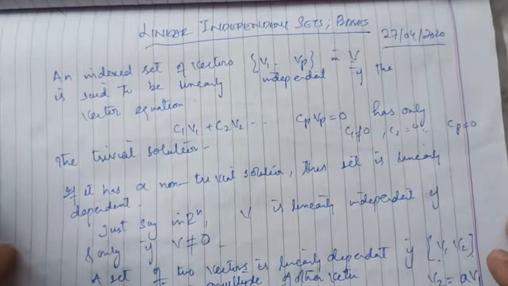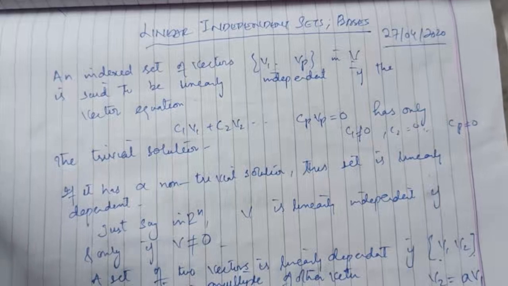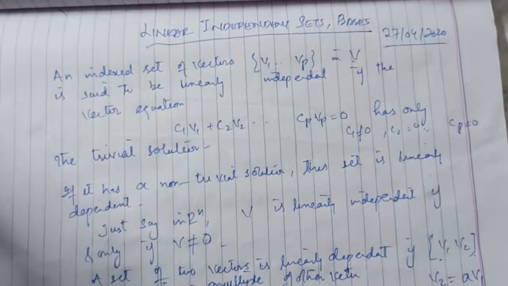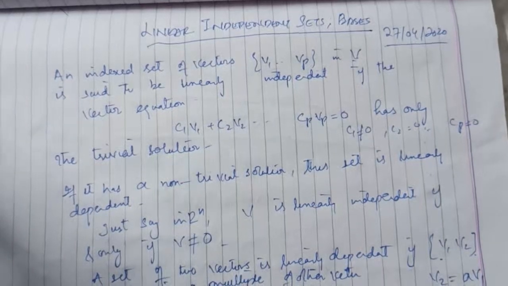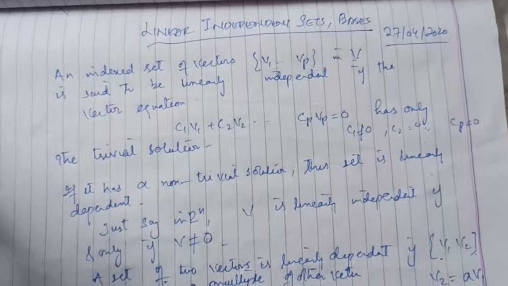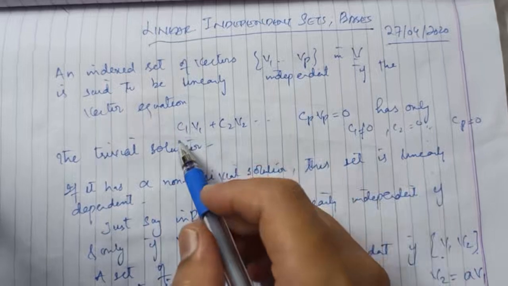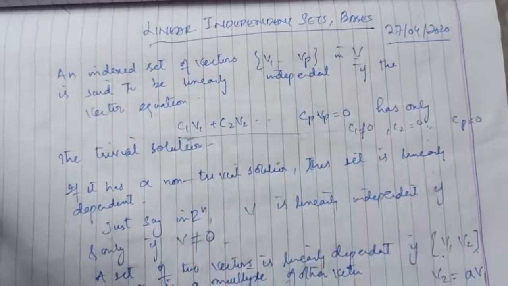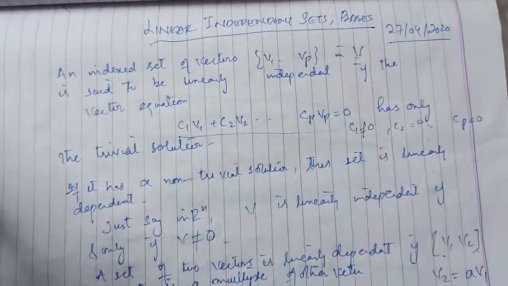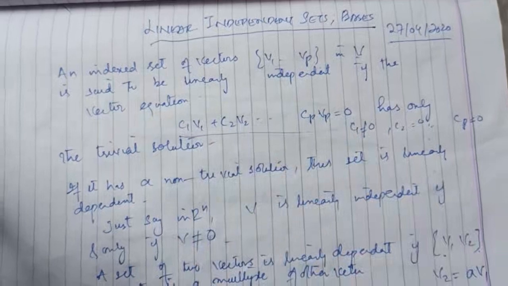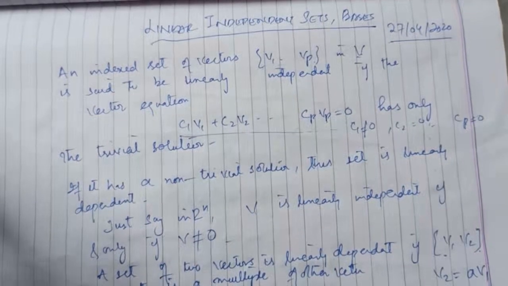As we already defined linear independence, from the perspective of the vector space, if there are p vectors in a vector space, they are said to be linearly independent if and only if the linear combination of those vectors, when put equal to 0, only presents us with the trivial solution, which is c1 equals 0, c2 equals 0, and cp equals 0.